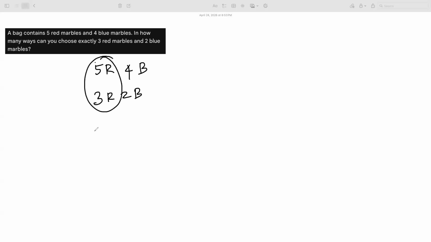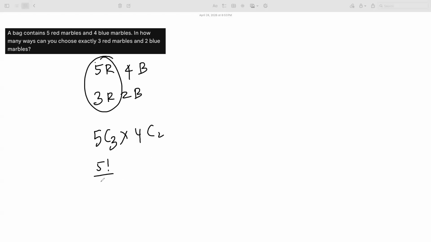Ah, that's the deal. Here, you see there are 5 red marbles, 4 blue marbles, and you have to choose 3 red and 2 blue, correct, Avyukt? So here, order is not important, correct? It's going to be combinations, right? So the way you will choose is 5 choose 3 times 4 choose 2.